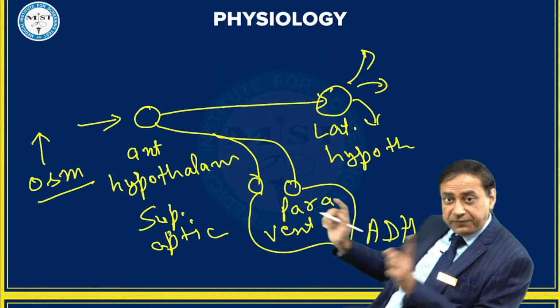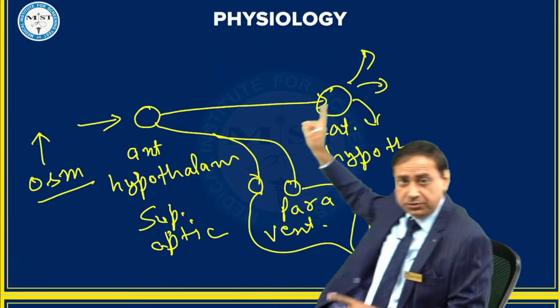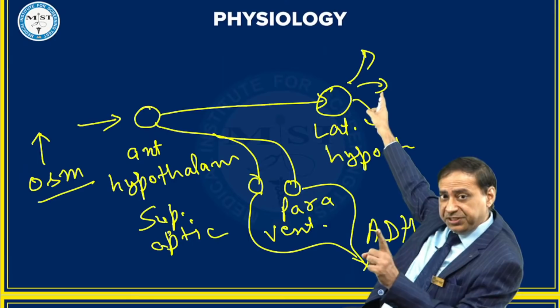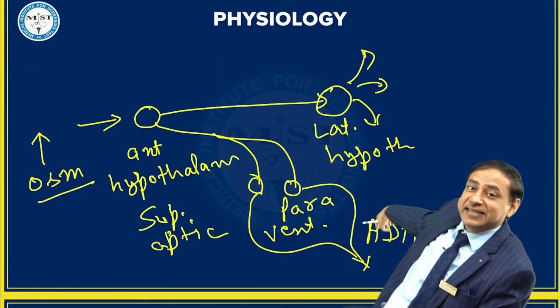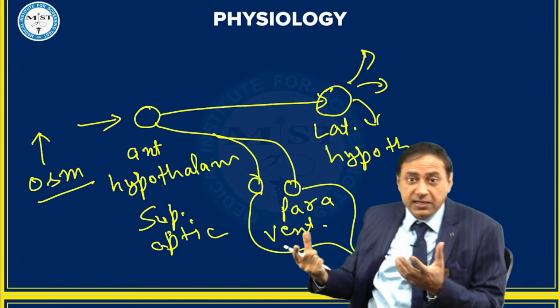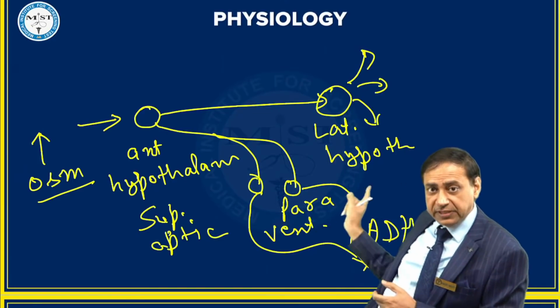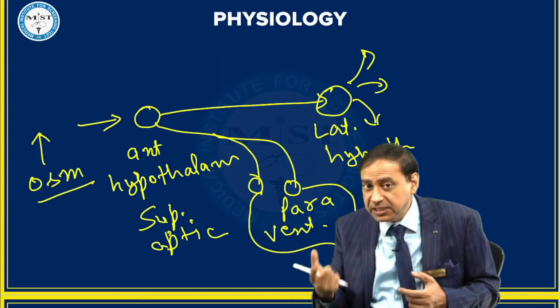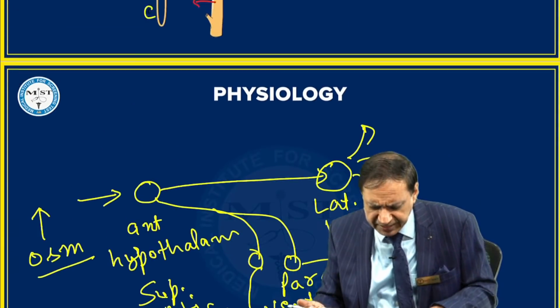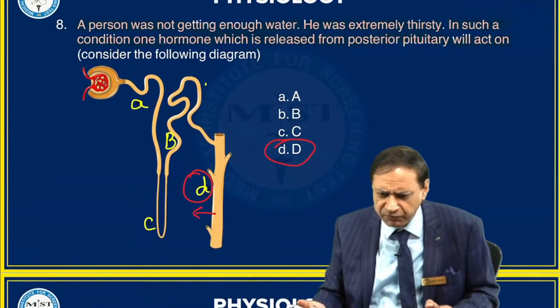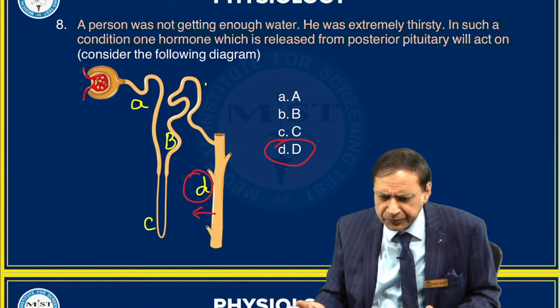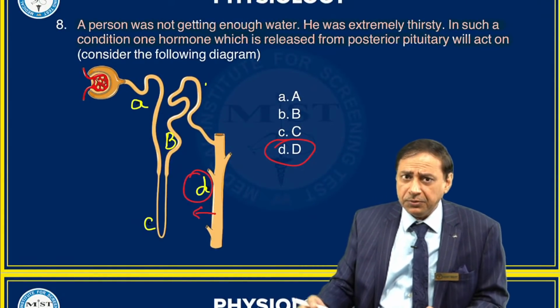So if you don't drink water, plasma will become concentrated. On one hand, you will become thirsty and on the other hand, ADH will be released. You will drink water, and ADH will reabsorb water from the kidney. How?